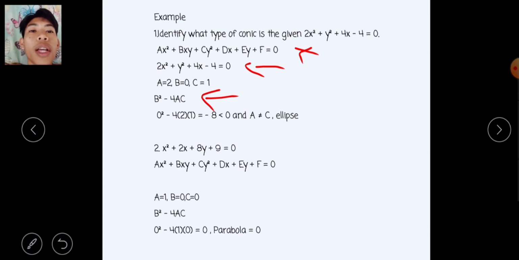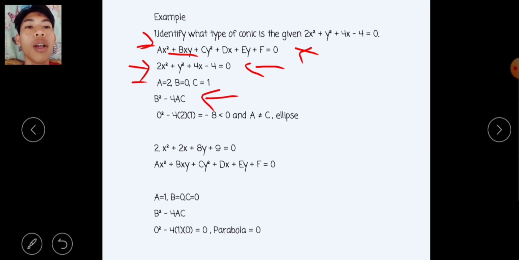So our a here is the coefficient of x squared. So this one, 2x squared. So for our a, we have 2. So for b, b is xy. So we're going to look in the given if there is an xy.